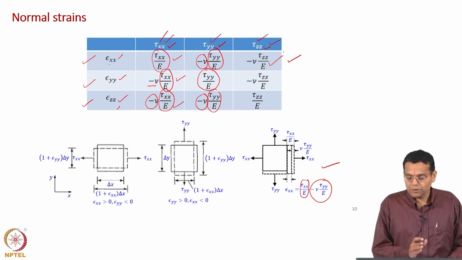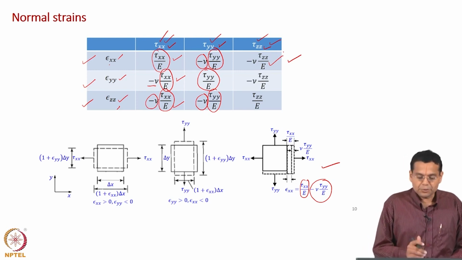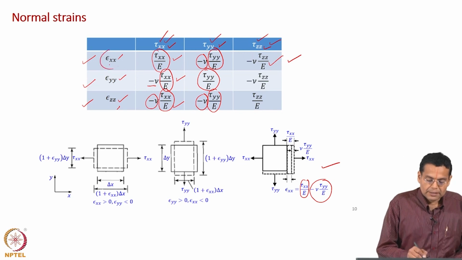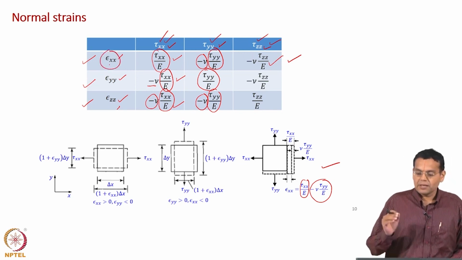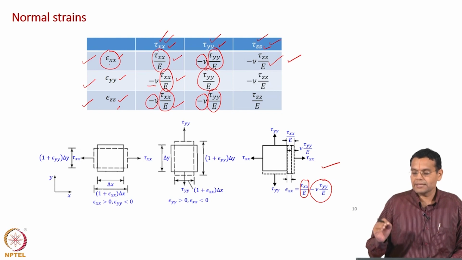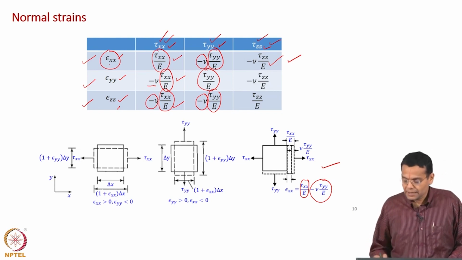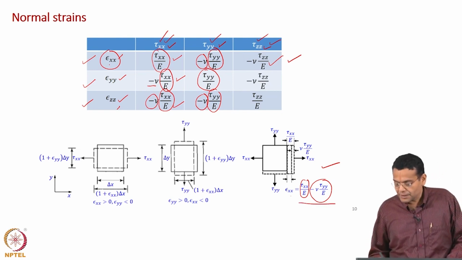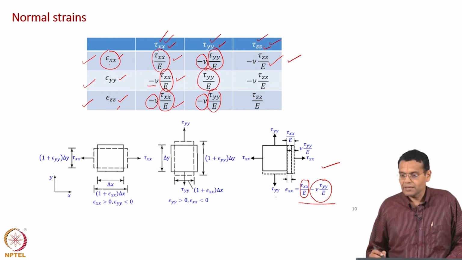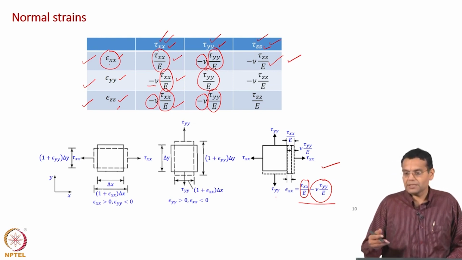Okay. So, if you sum up all of them, you get the normal strain in x direction because of normal stresses in x, y and z direction. That is the significance. That is what we have seen in the previous slide. Considering only xx and yy, this table of course generalizes for zz also.